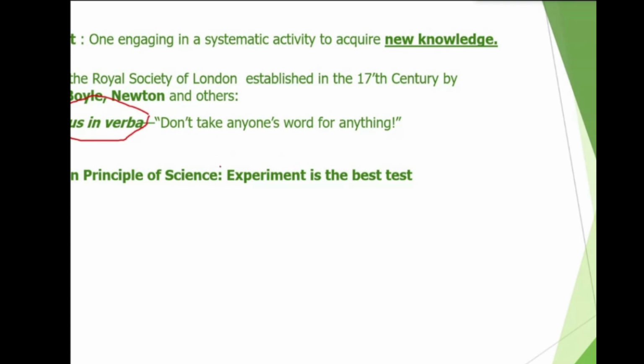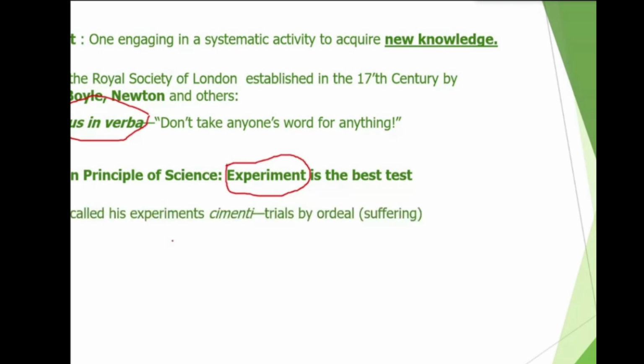The more you have experiments, the more it gets stronger. Now, Galileo called his experiments cimenti, which is trials by ordeal, which also says that you do lots and lots of experiments and you may suffer for that, but at the end the truth comes out of it. And this was Galileo's description of cimenti.